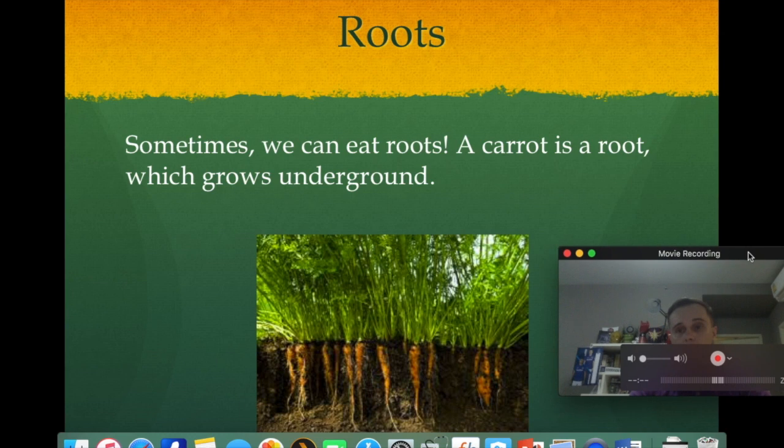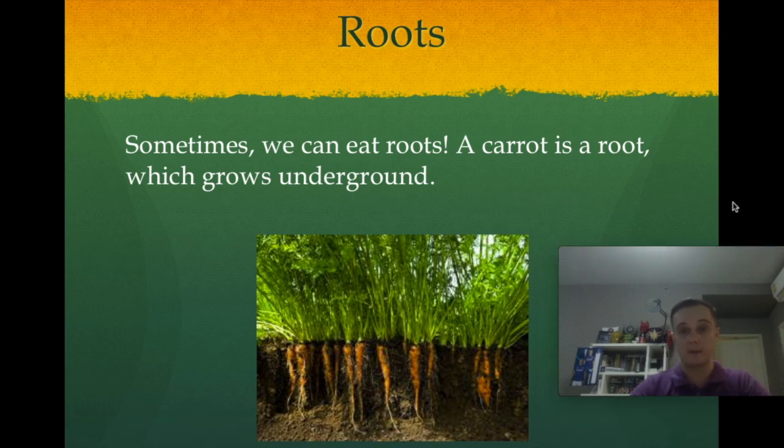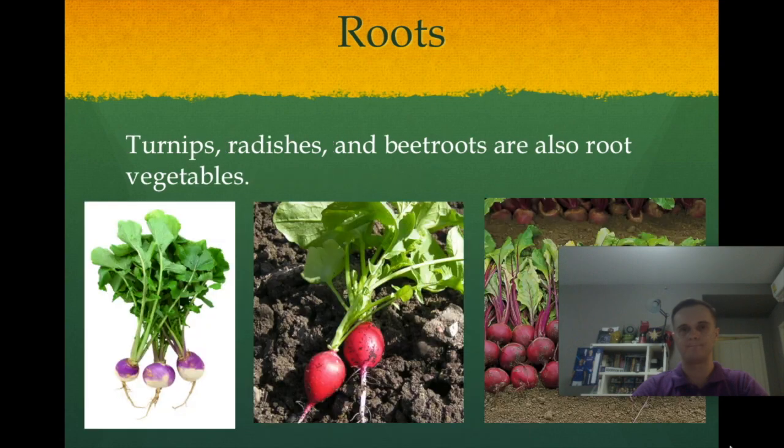Another thing that maybe you remember is that sometimes we eat roots. So we use roots as food sometimes. The most common one, the most famous root that we eat is carrots. So you might not realize that carrots actually grow underground. When you're eating a carrot, you're eating the root of this plant over here.